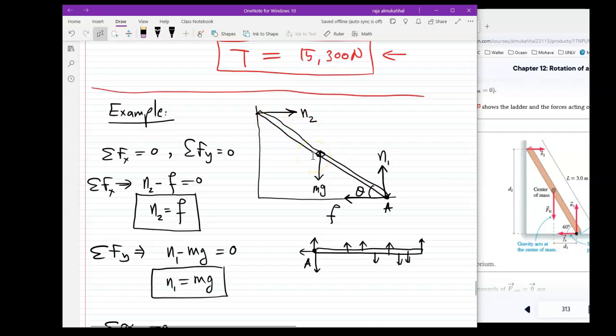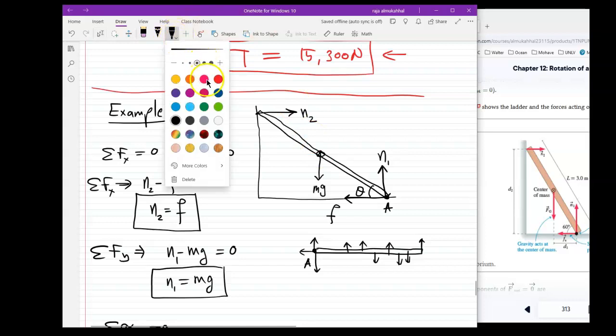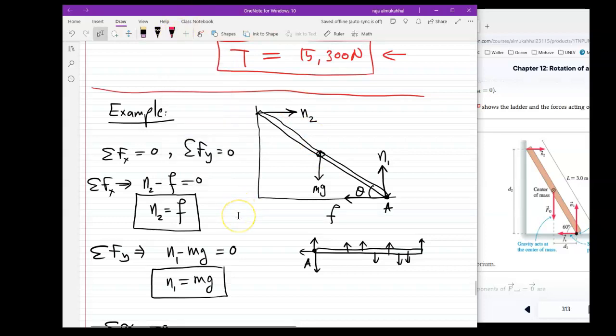So what are the perpendicular components? Let me change the color so you can see it. If you look at this one right here, this is the perpendicular component, which is equal to what? mg, well, sine or cosine? Let's see.